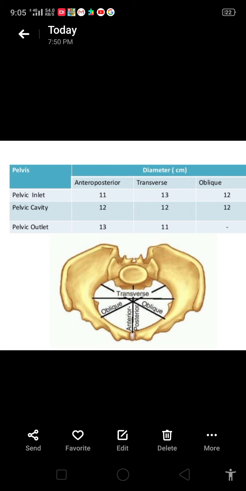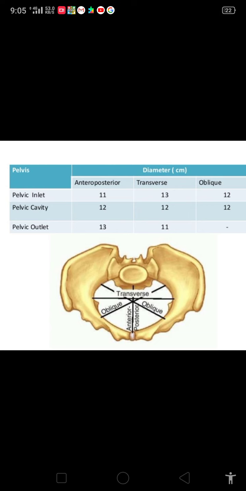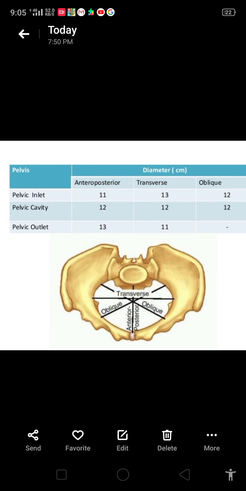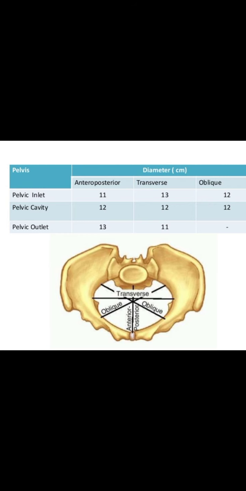Next we will see the transverse diameter. It is the largest diameter of the brim, which is 13 centimeters. It is the distance between the two furthest points on the pelvic brim over the iliopectineal lines.